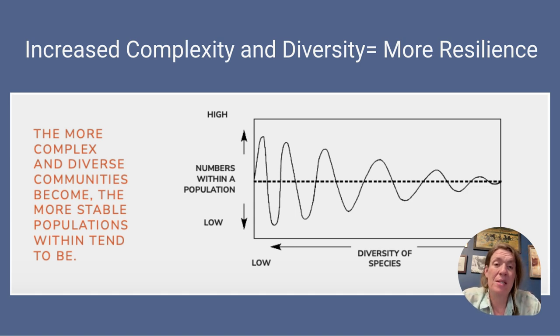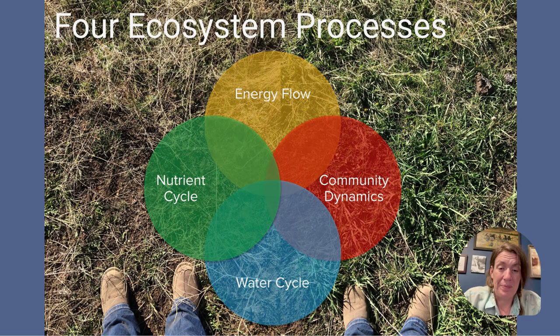So we're always managing for increased diversity because we want to create ecosystems that are highly resilient to disturbance, so that no matter what the conditions are, we have a predictable, high functioning outcome.